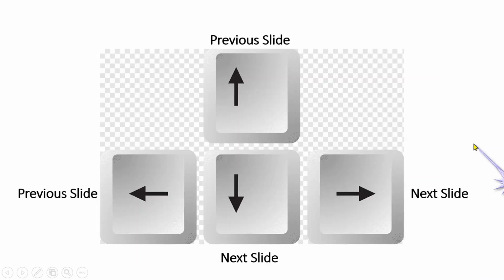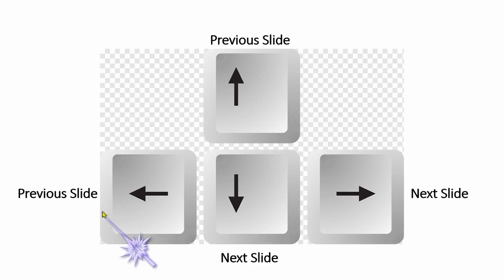That's all. After pressing the F5 key while in presentation mode, while in slideshow mode, you can press either the right arrow key or the down arrow key to go to the next slide. To go to the previous slide, you press either the up arrow key or the left arrow key.